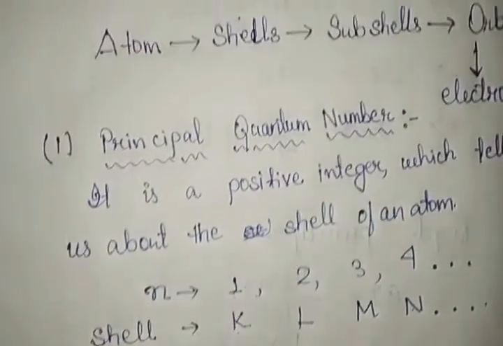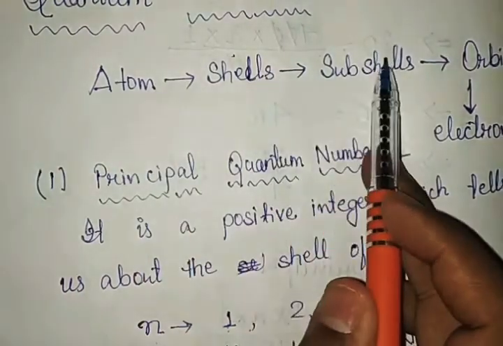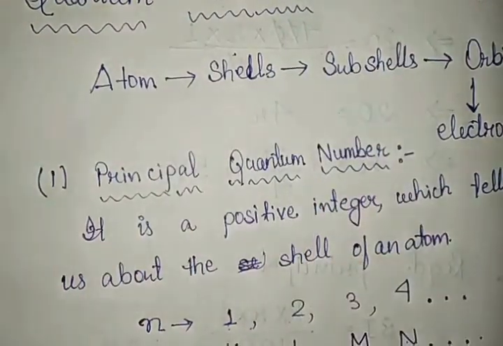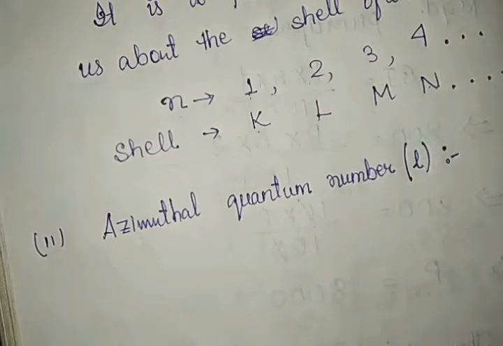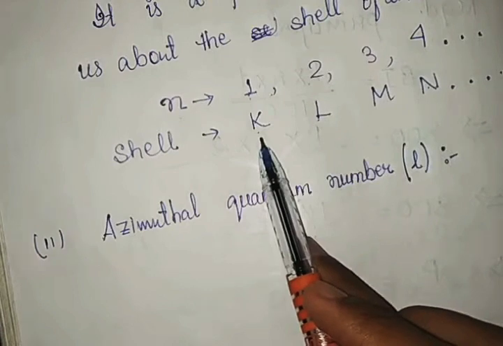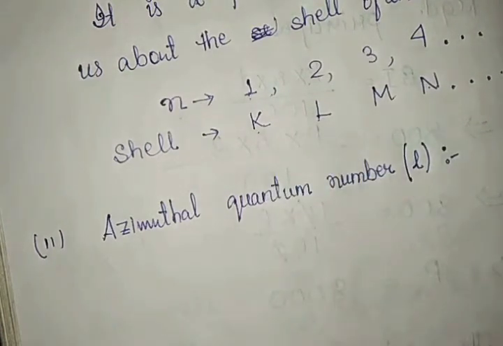As I have already told you, an atom consists of shells, then come the subshells. This azimuthal quantum number will tell us about the subshell, that in the first shell K, in which subshell the electron is present.